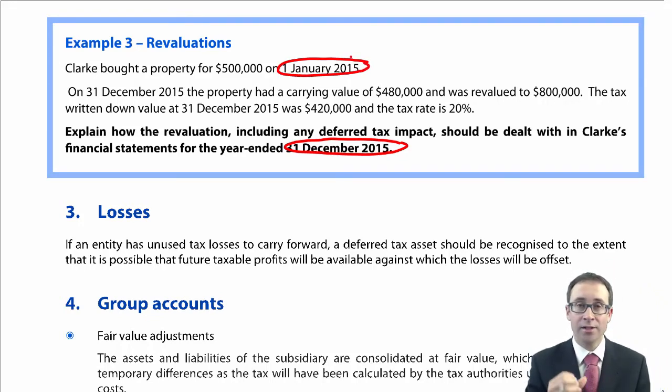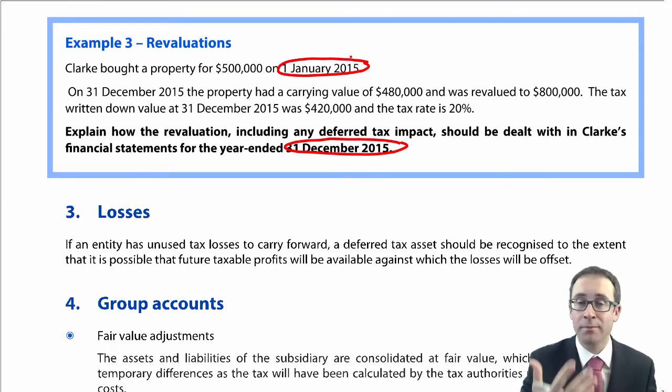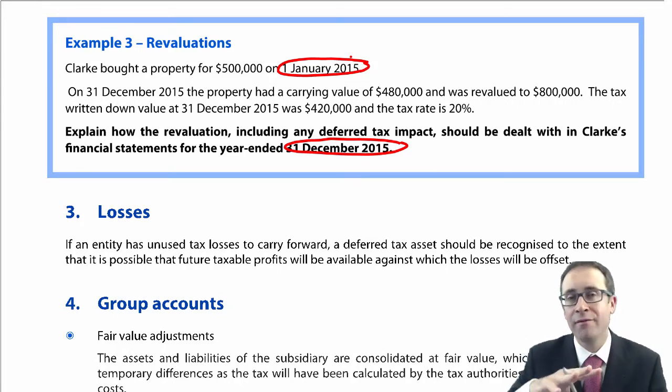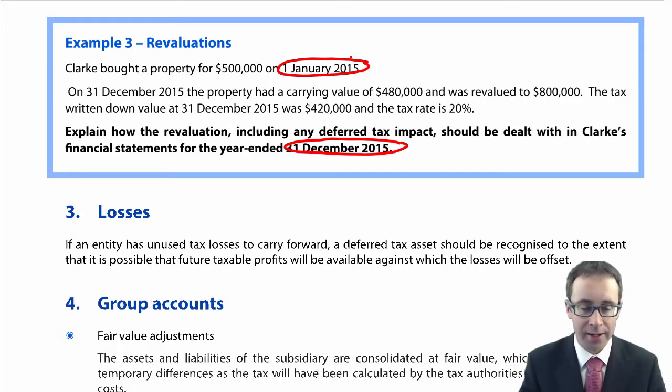The tax base was zero, and then we bought an item of PPE, capitalized it at cost plus directly attributable costs, and then depreciated it over its useful life from when the asset was ready for use, which presumably was the 1st of January. You can explain that within the question if you wish, but I'm focusing more upon the revaluation aspect.